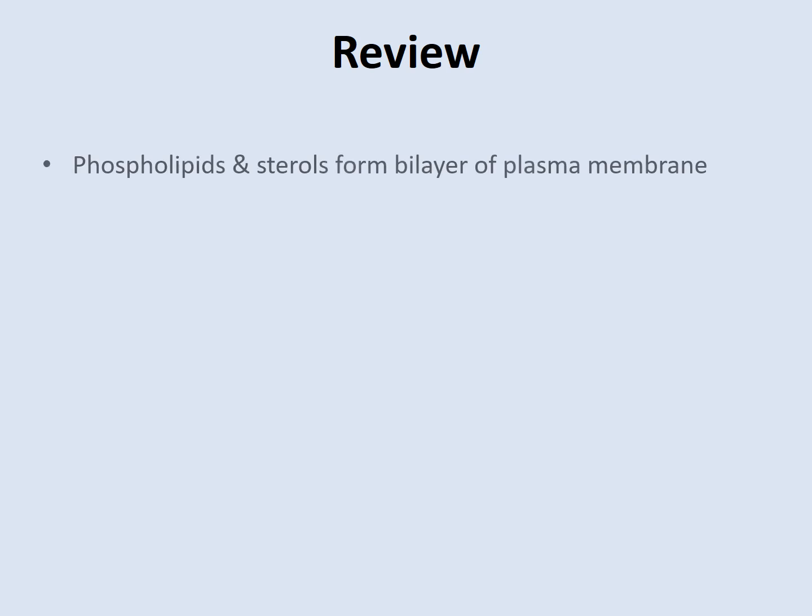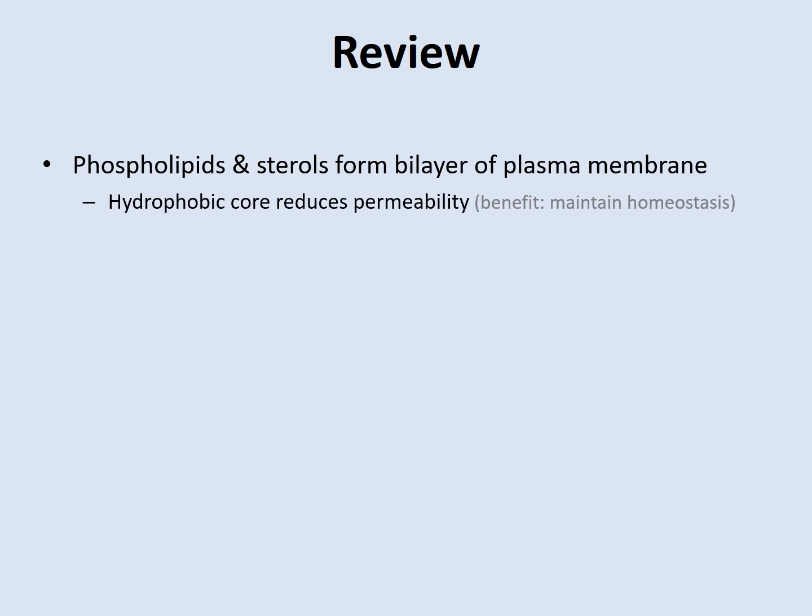To review, you have learned about phospholipids and sterols that together form a bilayer that comprises the main structural component of plasma membranes. Because of their special chemical properties, they arrange themselves in such a way that creates a hydrophobic core, reducing the permeability of plasma membranes, the benefit of which is that an internal space can be maintained that is distinct from the external space, aka maintaining homeostasis.